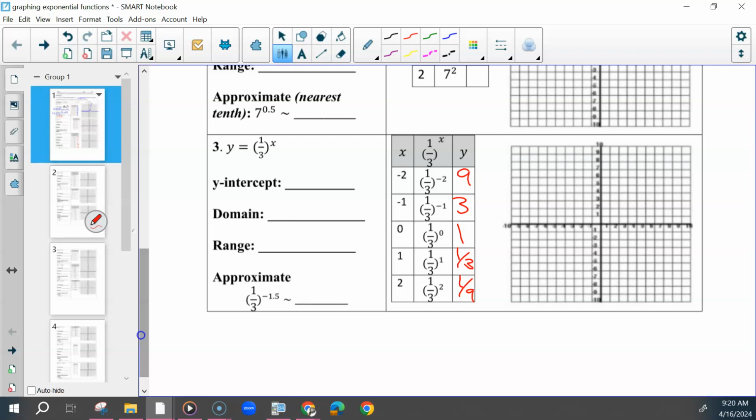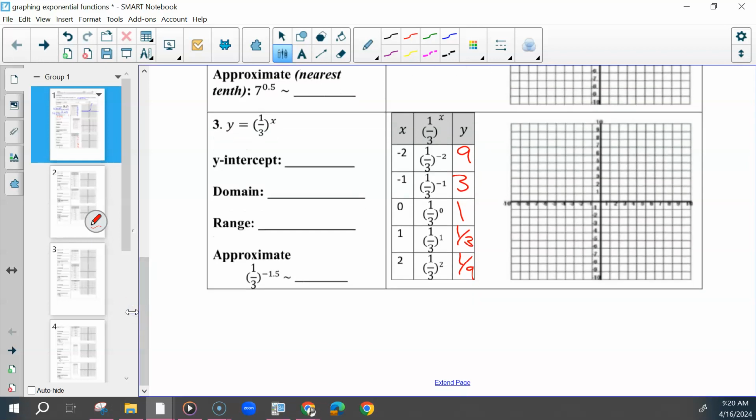How did 9 become 3? How did 3 become 1? And so on and so forth. What are we doing each time? Divided by 3. So you have to be able to recognize these patterns to know that it's an exponential function. Go ahead and graph those points.